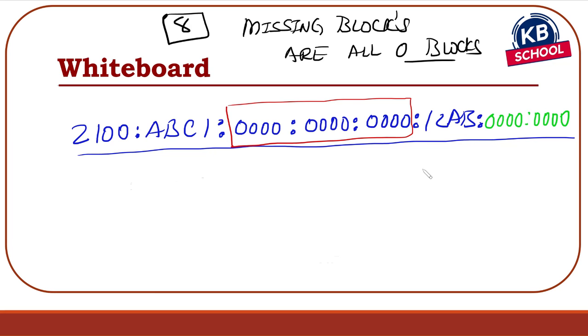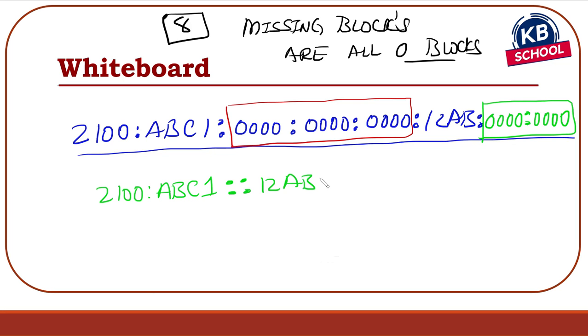Now I need to pick and choose which block I want to use the double colon for, because I have 2 sets of contiguous blocks I could use it on. So in this case, pick the one that eliminates the bigger block. This double colon over here would eliminate the 3 blocks. I would write 1, 2, AB, but I cannot do another double colon over here, so I would represent the first block as 0, second block as 0.